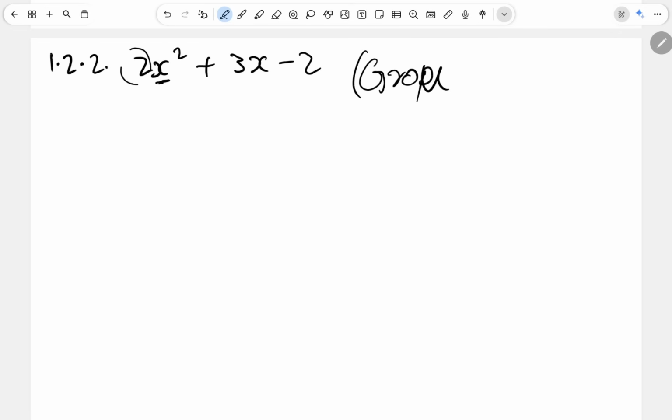We can use the group and split method. In our previous video I didn't explain this method, but you will know it too from this solution.